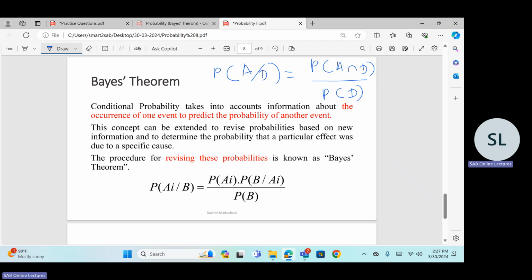Then we take the revised probability value. How do we get it? The probability of D is the total probability answer, 0.021. What is the answer of A intersection D? Look at the previous example.